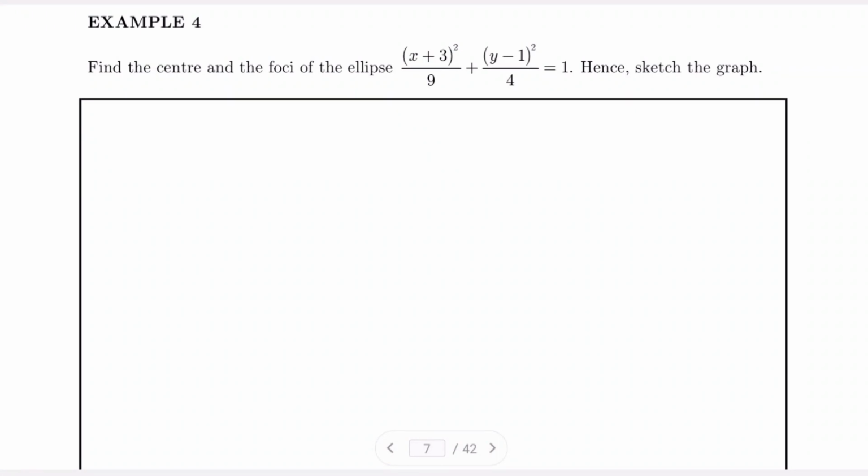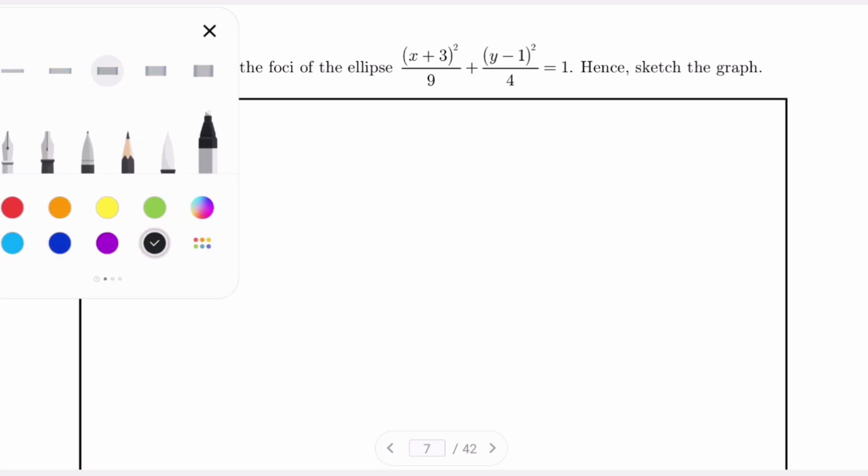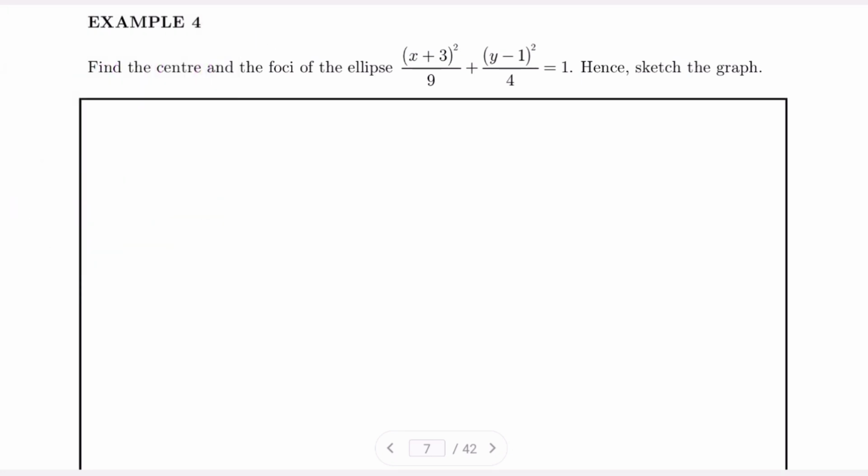For example 4, we have to find the center and foci for the ellipse (x plus 3) square over 9 plus (y minus 1) square over 4 equals 1. And then we need to sketch the graph. Okay, we're going to compare with the formula: (x minus h) square over a square plus (y minus k) square over b square equals 1.